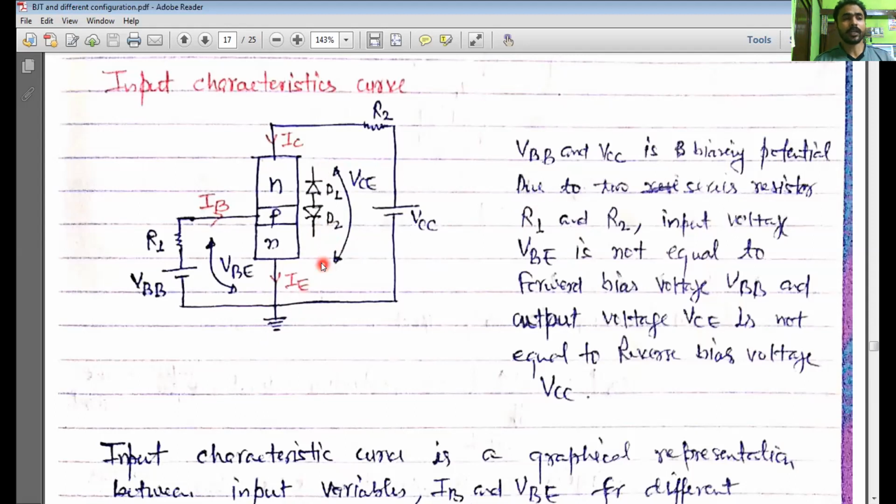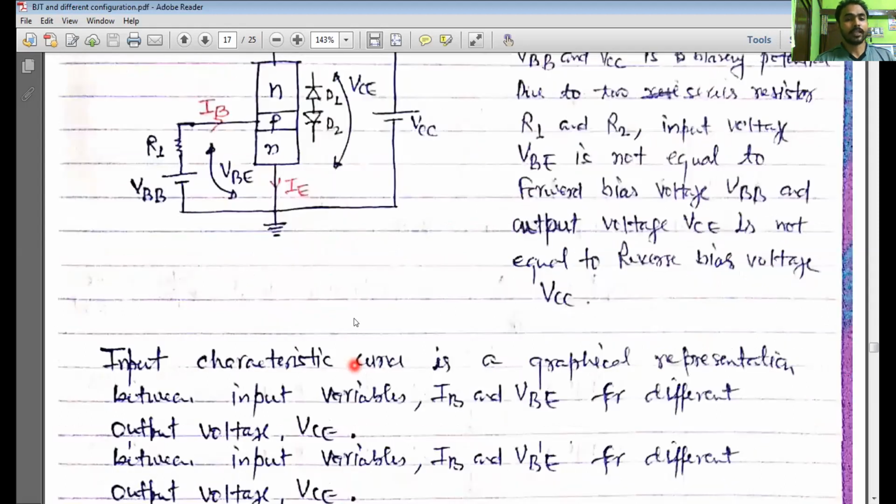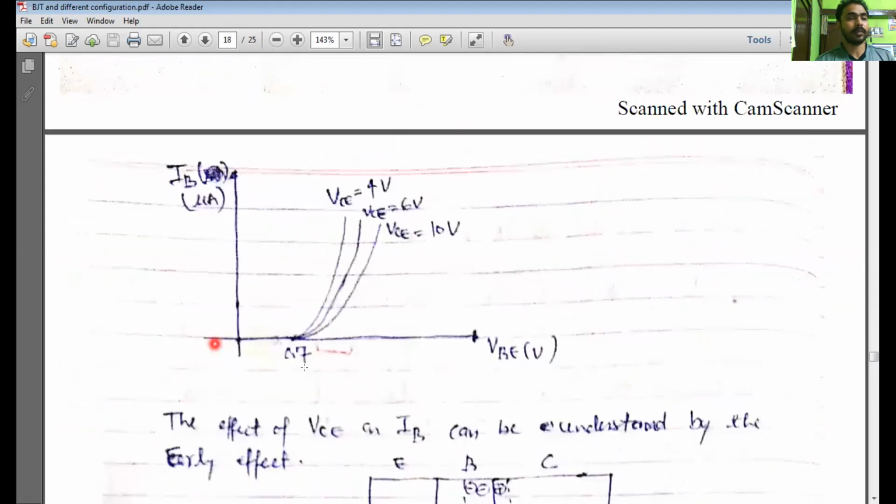So whatever be the characteristics of the transistor will be similar to the forward characteristics of the diode D2. If you remember the forward characteristics of a diode, it's a simple one, and the transistor IB versus VBE input characteristics will be the same.